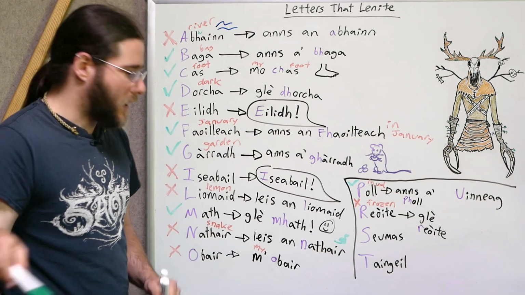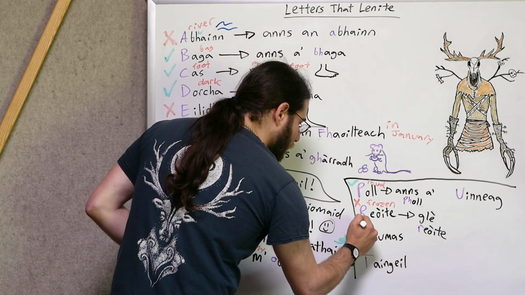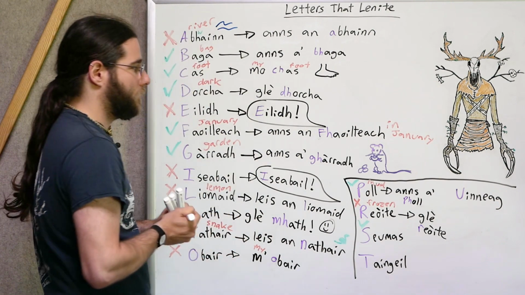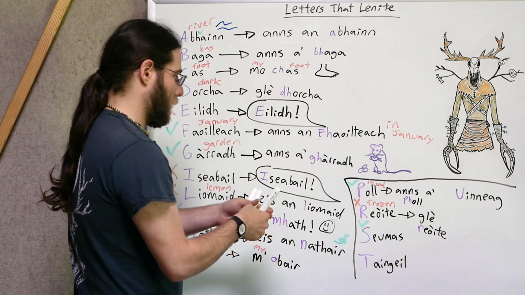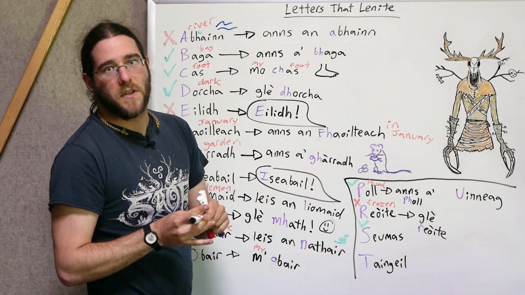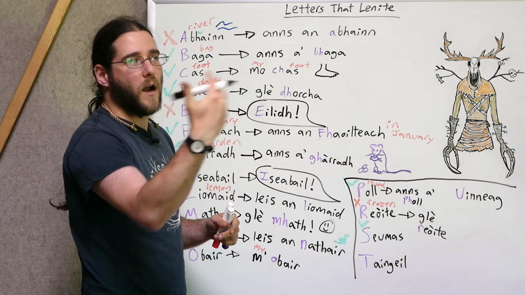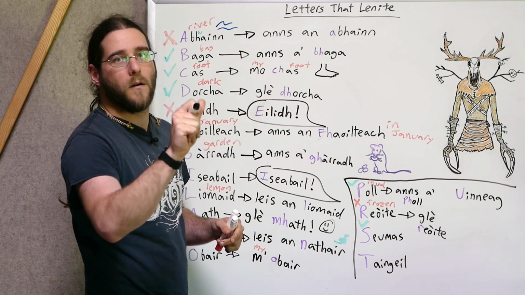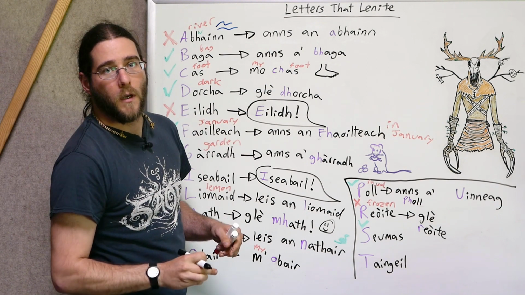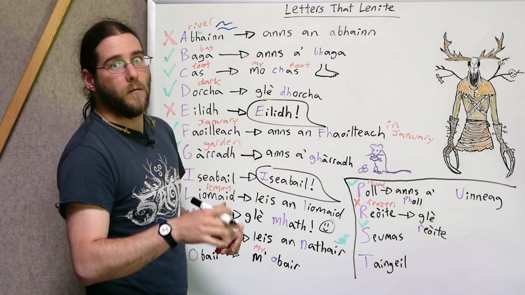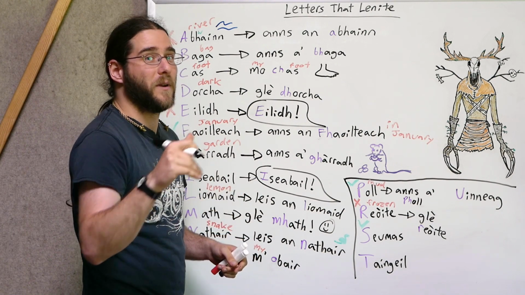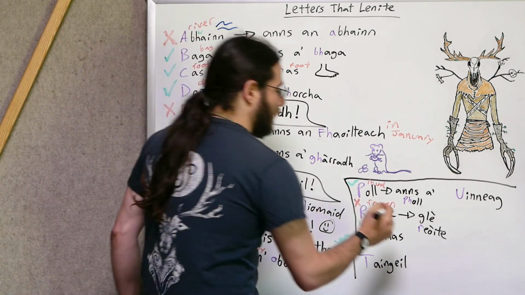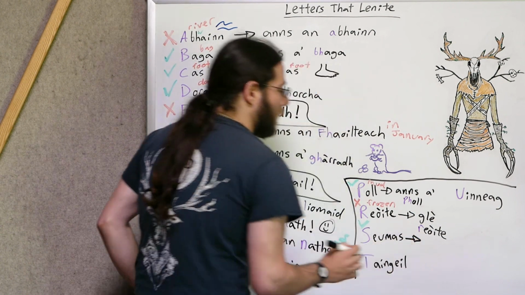All right, S. Does S Lenite? Yeah. It does. It does, yep. All right, so Seamus, right? James in Gaelic. So talking to James, like, oh, hello, James, or how are you, James? Or trying to get his attention, you know, how would we do it? If you've seen the video about calling on people, about using people's names, you probably remember.